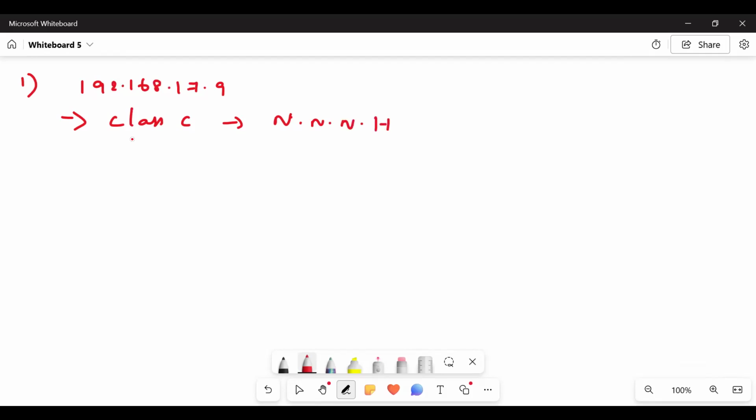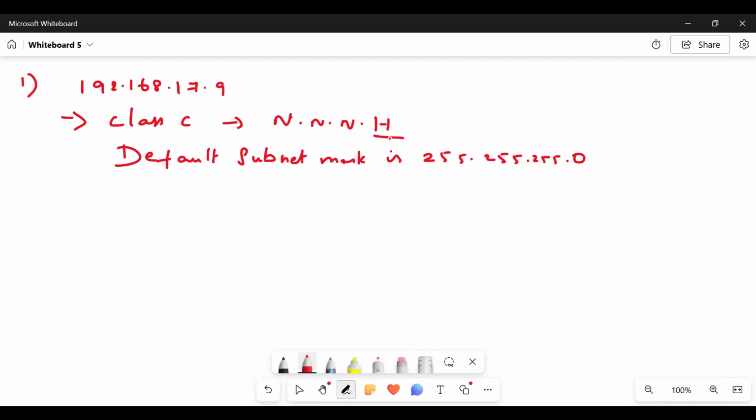So what will be the default subnet mask for class C? It is 255.255.255.0.